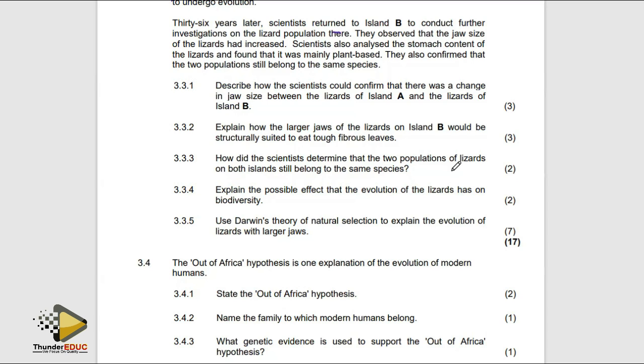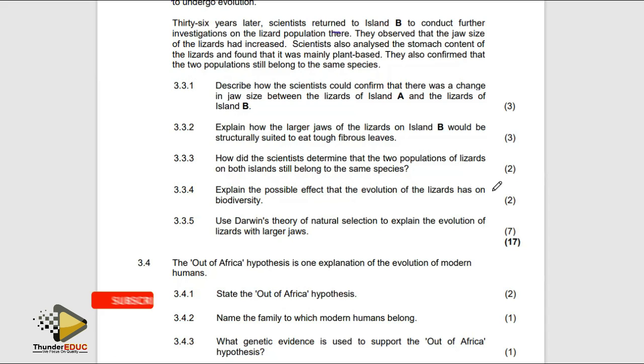So if they have the two populations and they allow them to interbreed, and they produce fertile offspring, therefore they can confirm that these are still the same species. But if they cannot interbreed to produce fertile offspring, then automatically they are not the same species. But if they could interbreed and produce fertile offspring, therefore it means that they are still of the same species.